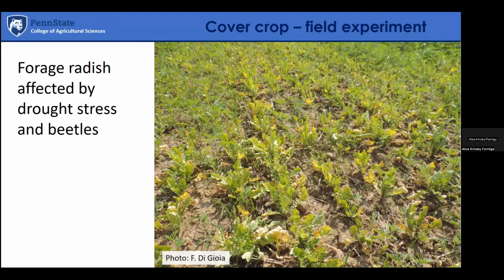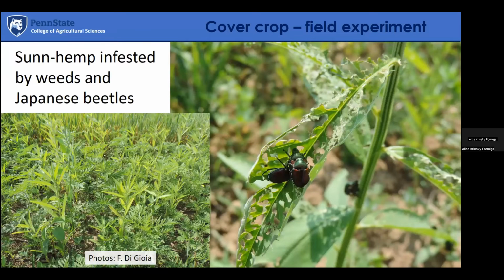Forage radish, I think this was not the ideal season to do it because it was affected by drought. There were 10 days of drought, and there was no irrigation for this. The plants were also affected by beetles that chew on the leaves. And in the case of sunn hemp, besides the issue with the weeds, there was an issue with Japanese beetles.